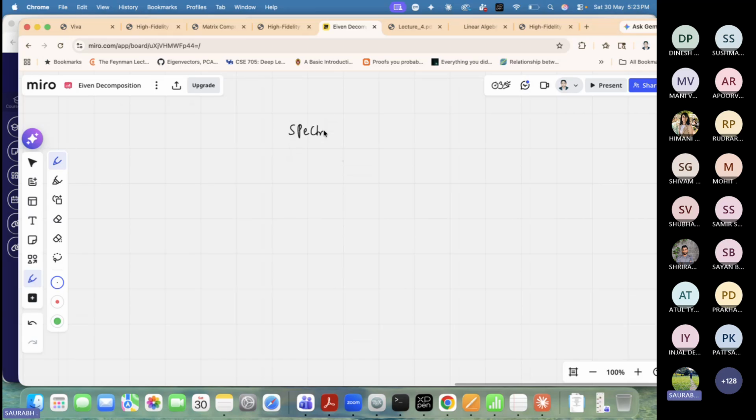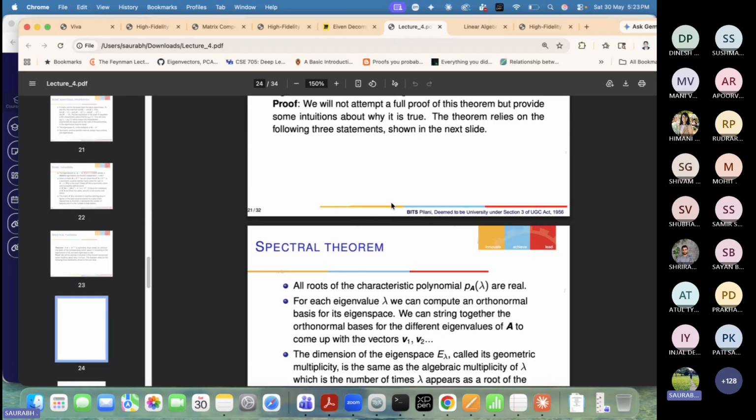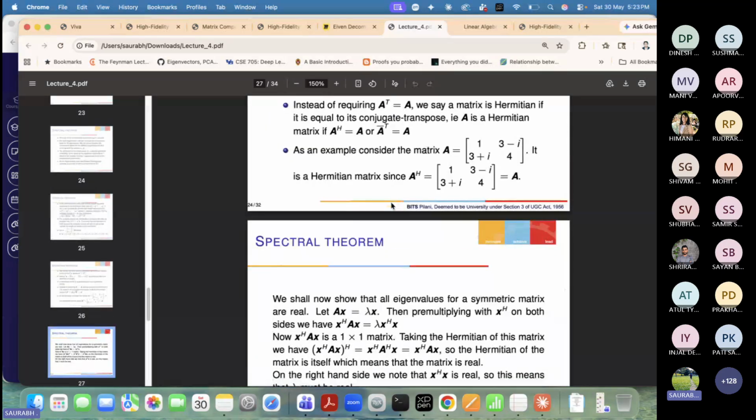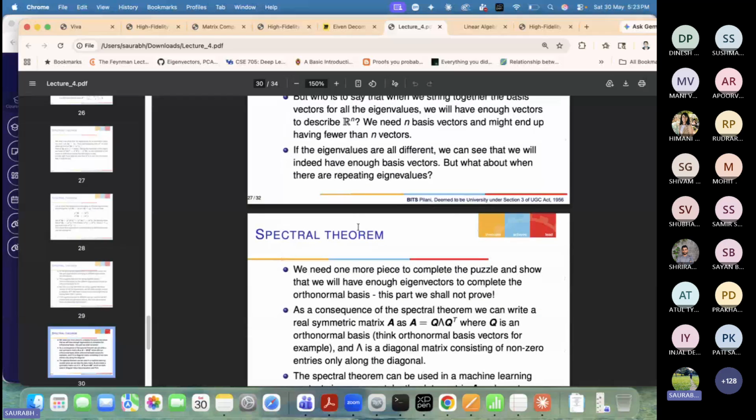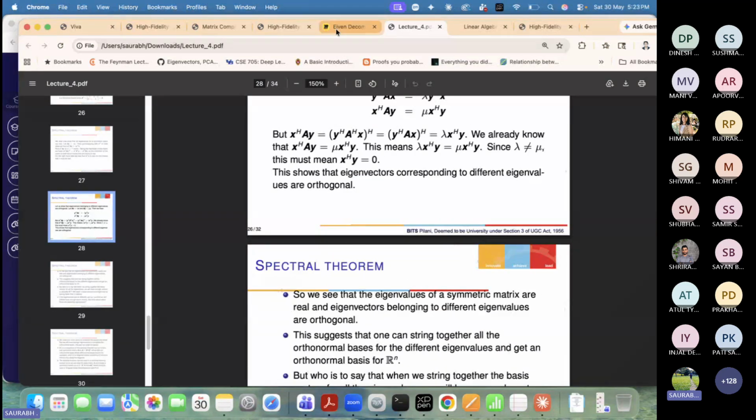This is the last topic of your lecture 4, and you will see towards the end of lecture 4 they talk about the spectral decomposition theorem, which is basically a matrix getting decomposed into three different matrices. Okay, I'll just give you an idea about what exactly it is and why this is a very profound idea.